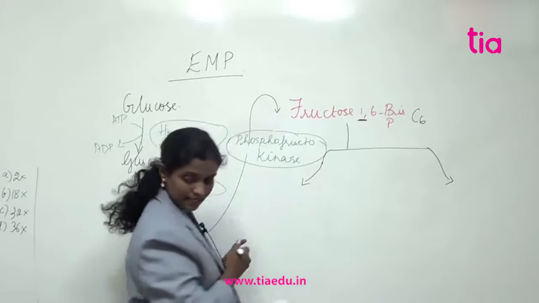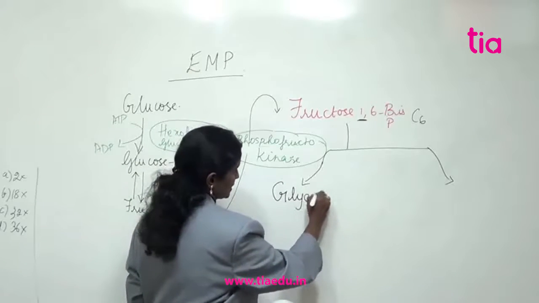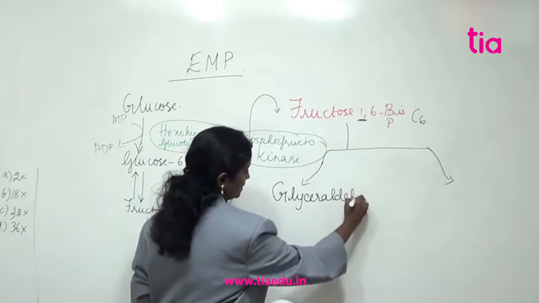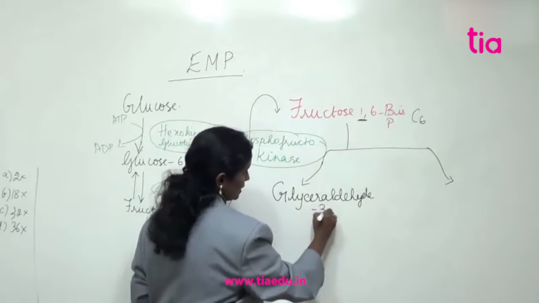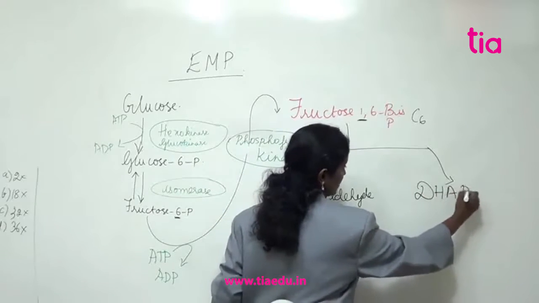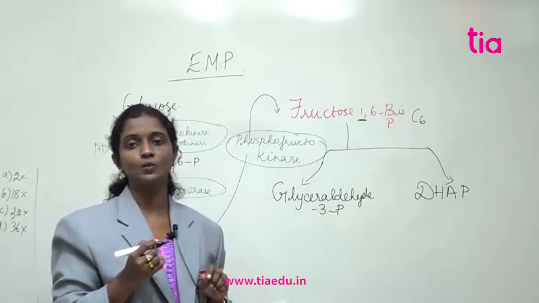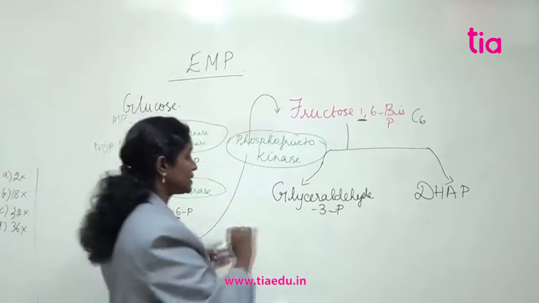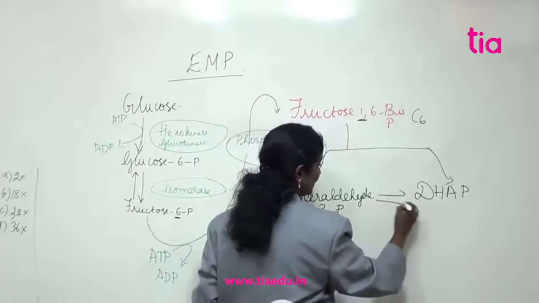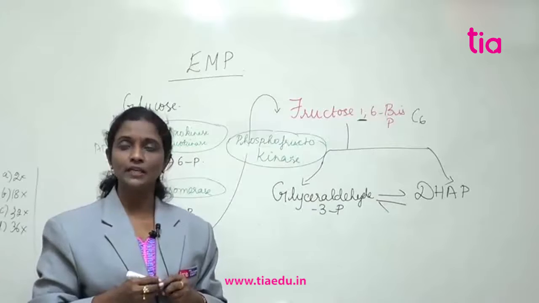Glyceraldehyde 3-phosphate and another one is DHAP. One is an aldehyde, another one is a ketone, and they are both interconvertible.